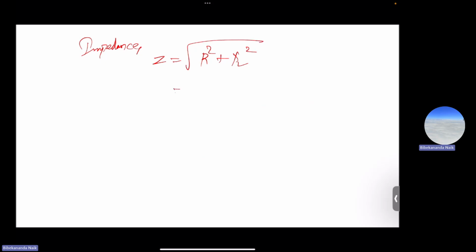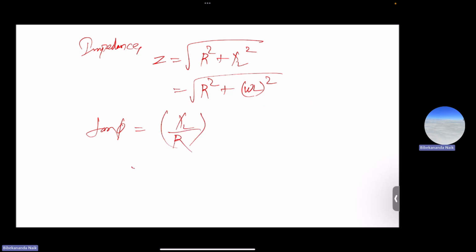That implies root over R square plus omega L square. So tan phi becomes XL by R, which implies phi equals tan inverse XL by R.